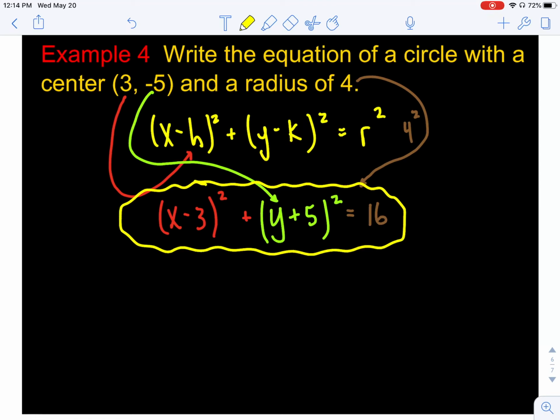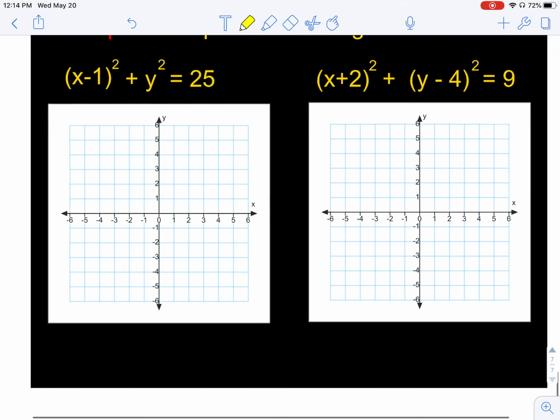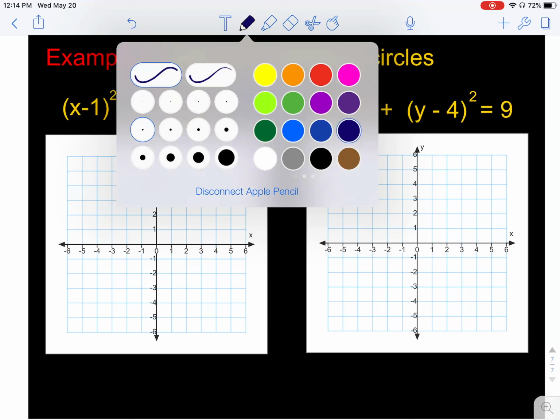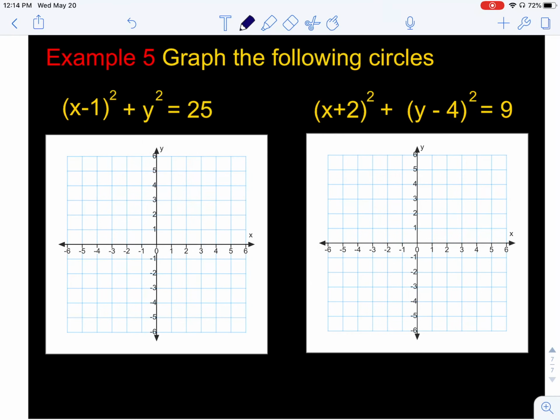All right, and then we just have a few of working backwards, or working the other way. So here we want to sketch a couple graphs. Where is the center of this circle located? Well, on the x, if it's -1 in the equation, it's +1. And the y doesn't have anything, so it's 0.